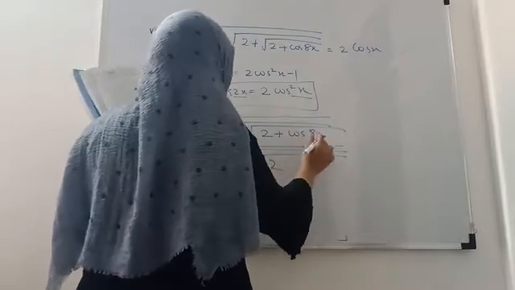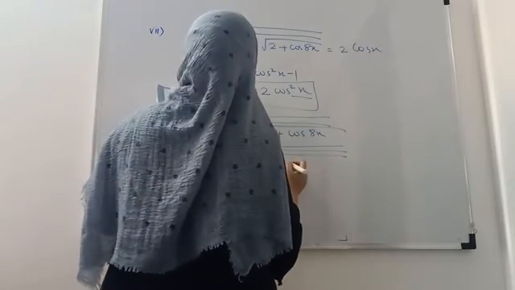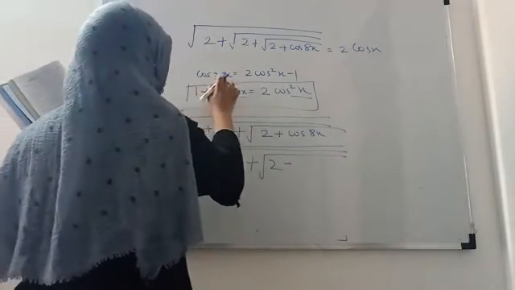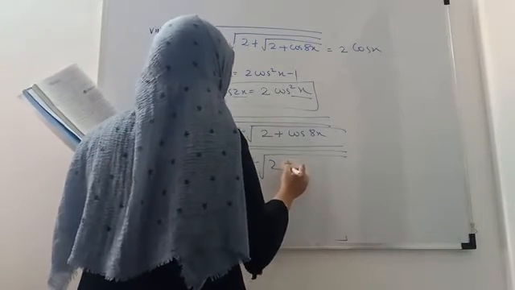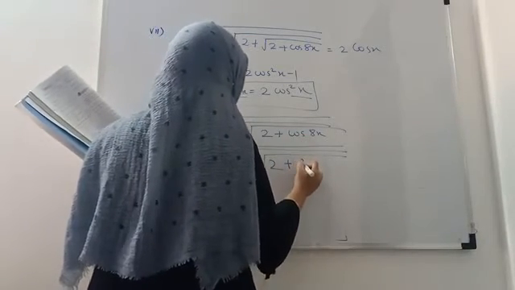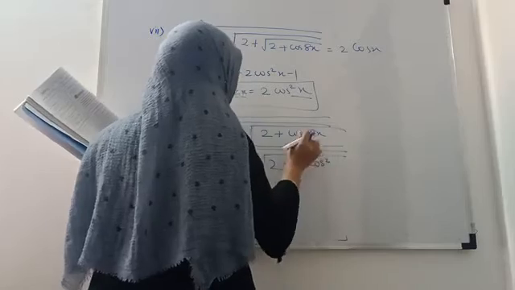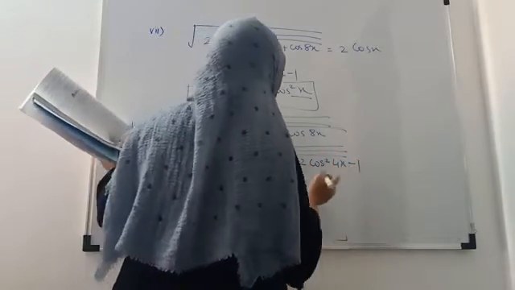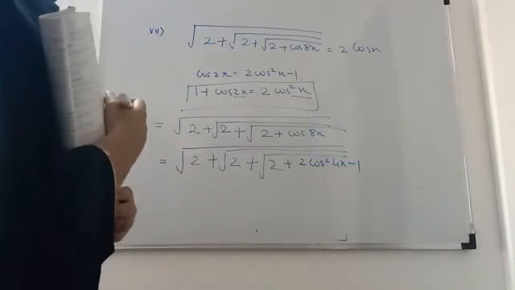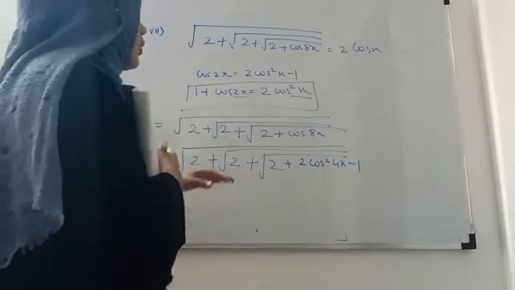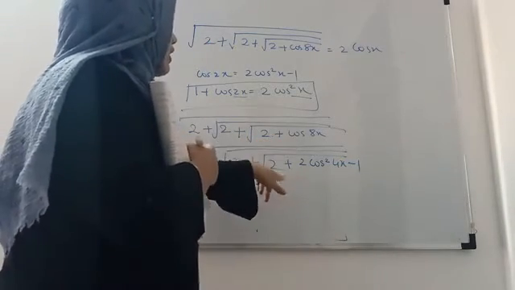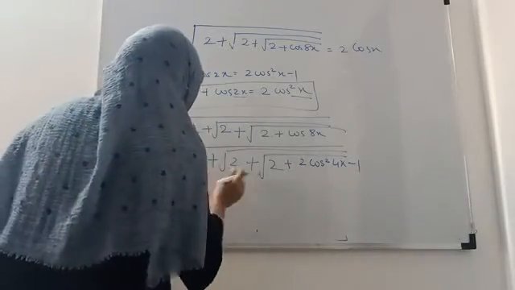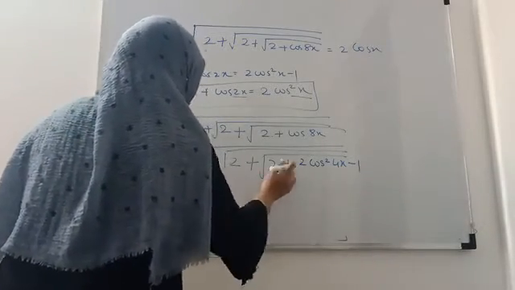Now cos 8x can be written as it is. See, we are using this formula, right? So here cos 8x will be 2 cos square of half of 8x, which is 4x, minus 1. Or you can write it down directly. Okay, so here 2 minus 1 will be 1.